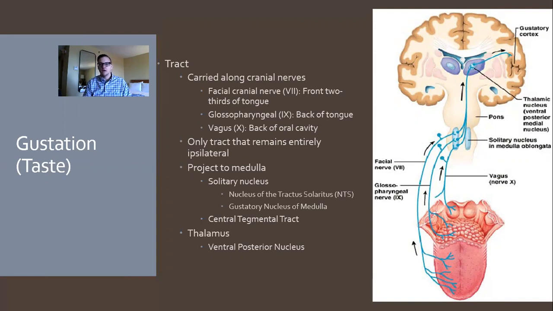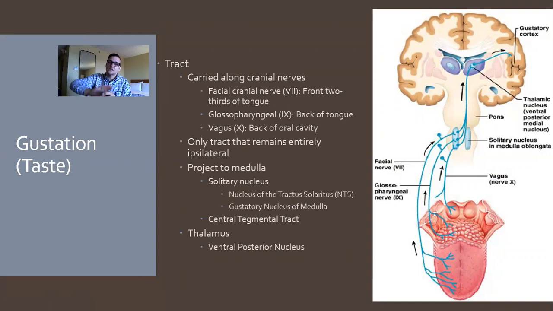All right. Now, that information all then goes to the medulla, and largely localized to the solitary nucleus, or as I've mentioned here, the nucleus of the tractus solitarius. Now, that is the gustatory nucleus of the medulla.